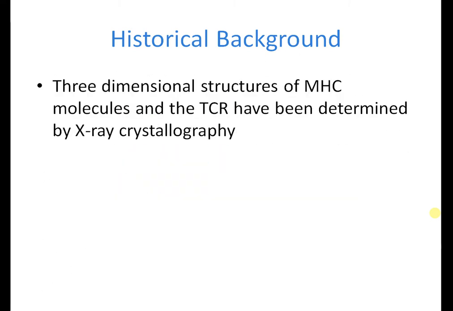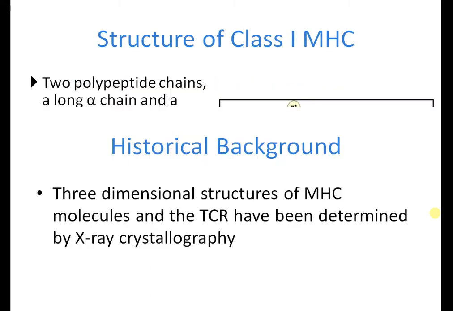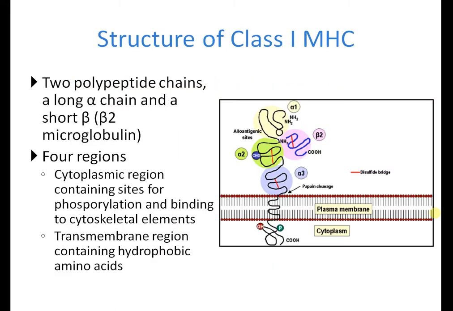The three-dimensional structures of MHC molecules and the TCR have been determined by X-ray crystallography. The structure of class 1 shows two polypeptide chains, alpha and beta 2 microglobulin.